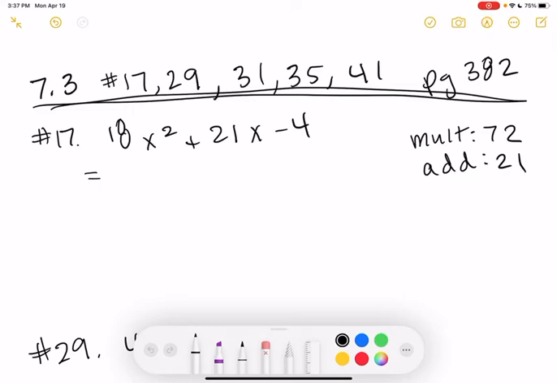Wow. Where to start on this one? You know what? I'm just going to show you what I do. If you want to list out the full list, you can, but I'm just going to try to guess and check and then go up or down from there. So like I know 8 and 9, that would multiply out to 72, right? But that does not add to 21.